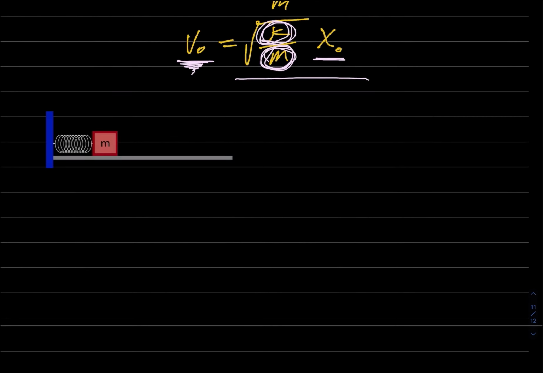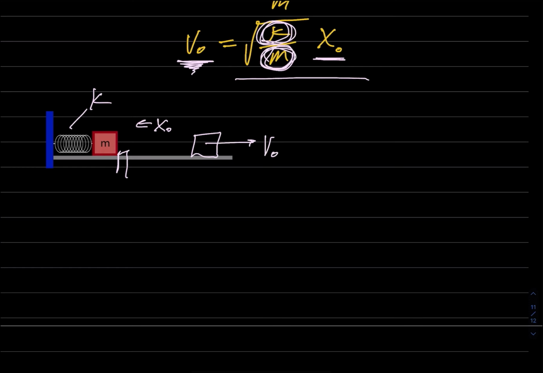And let's do another problem to make sure we've got it, that we know how to work with the equations. A spring of strength k is compressed a distance x sub naught, so it's holding potential energy. The spring is released, the mass is thrown out, and the mass heads out this way at a velocity v sub naught.